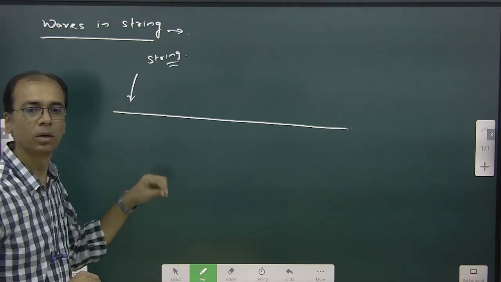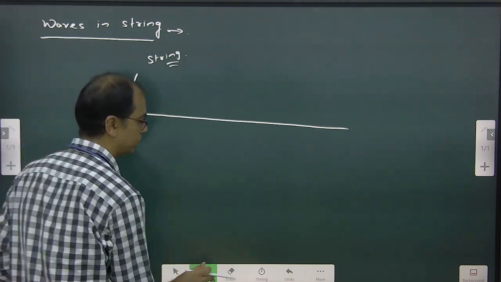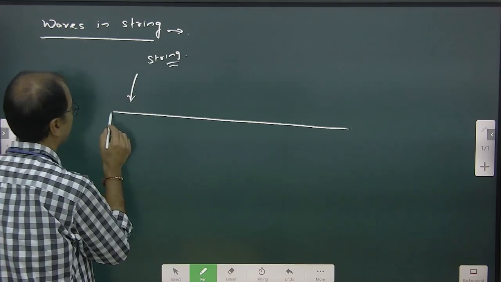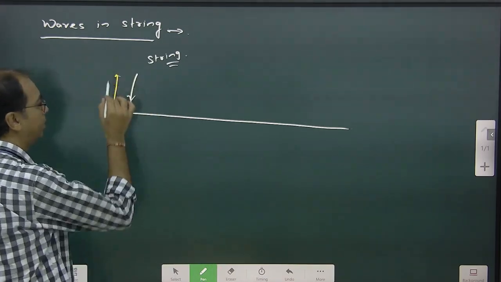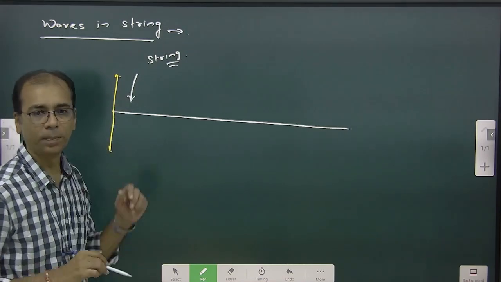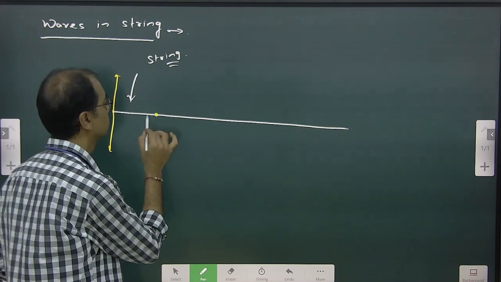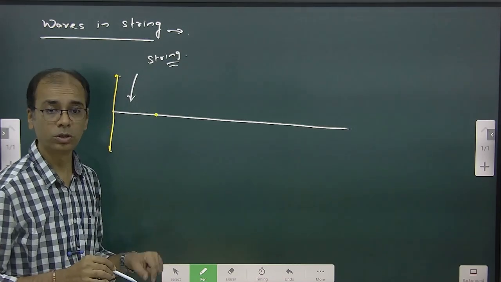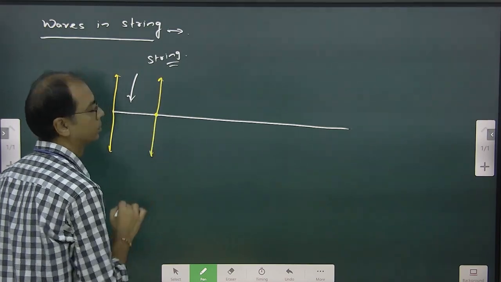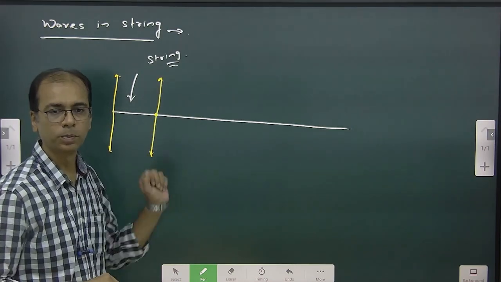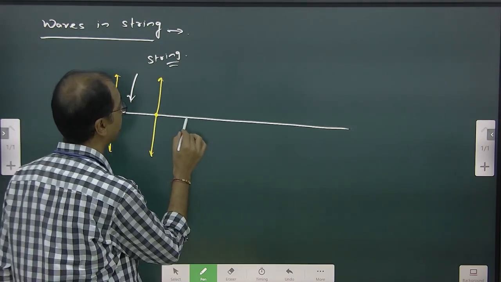My hand goes up, down, up, down. What is happening to the next point? This point also goes up, down, up, down. The next point also goes up and down.